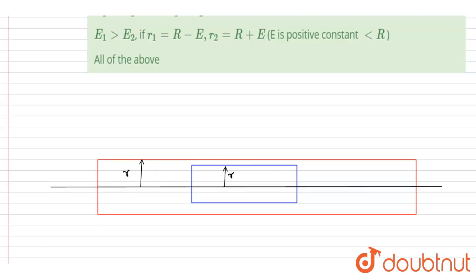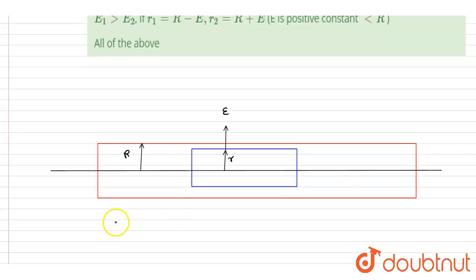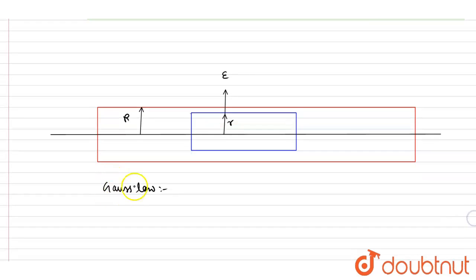So if you see here, from the symmetry, since it is an infinite cylinder, if you apply Gauss law, this will be the Gauss law for gravitation.